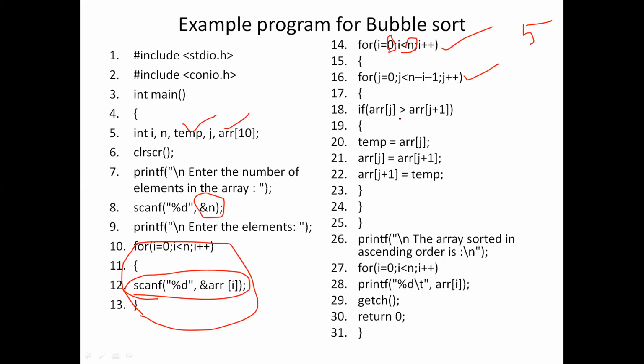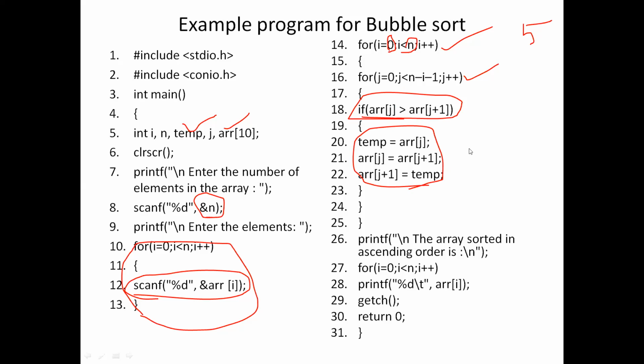Inside, we are checking the if condition. Why are we doing this? For swapping. If it is greater, you do the swapping using the temporary variable. Like this, it arranges the elements in ascending order.